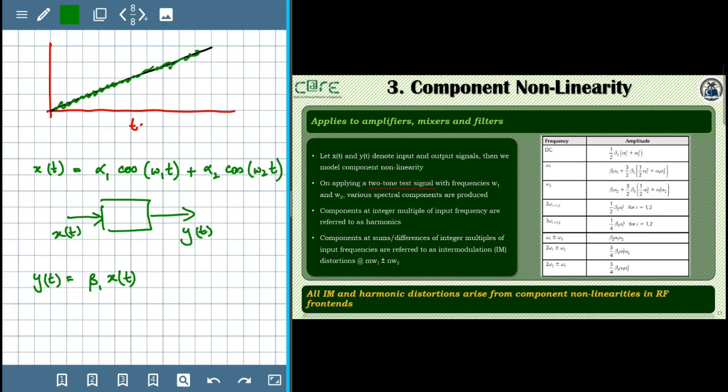But there are terms that lead to nonlinearity, and those have different coefficients, like beta 2 times x squared(t) plus beta 3 times x cubed(t), and so on. Typically we consider nonlinearity models up to the third order.